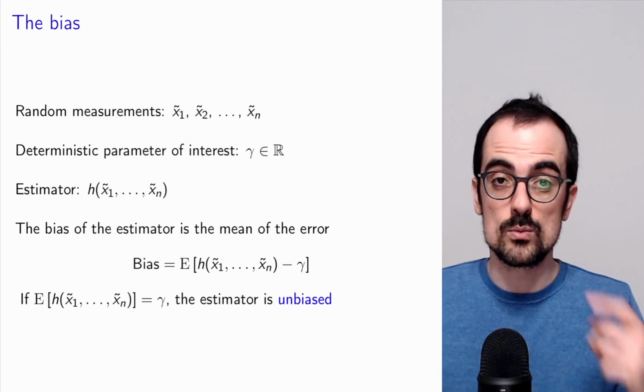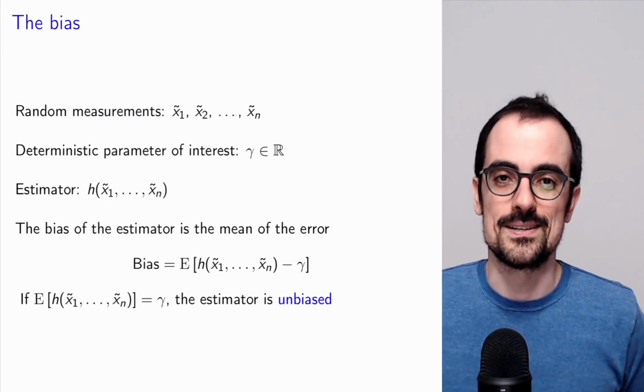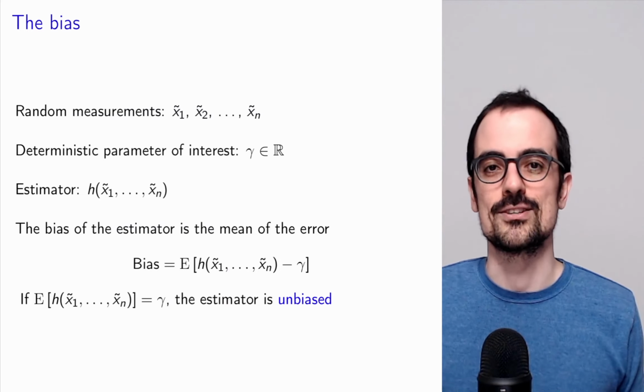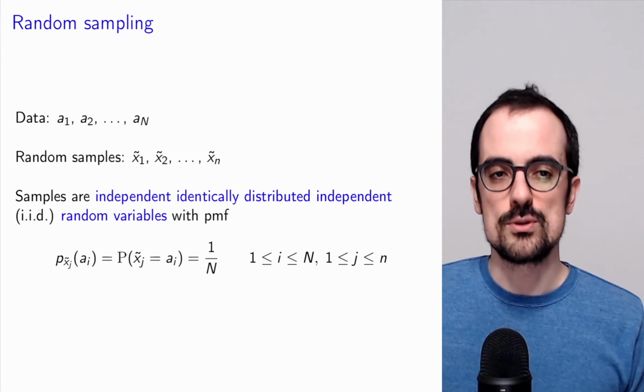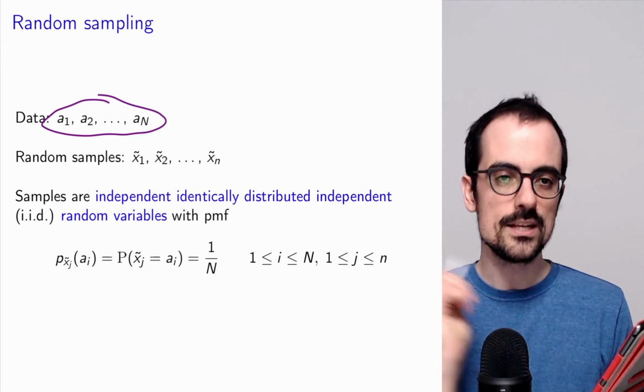If that is the case, then we say that the estimator is unbiased, which is something you must have heard because it's something that is said a lot in statistics, whether an estimator is unbiased or not. Okay, so let's remind ourselves, we have a population of fixed values.